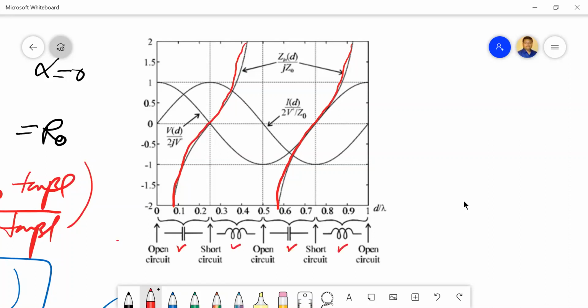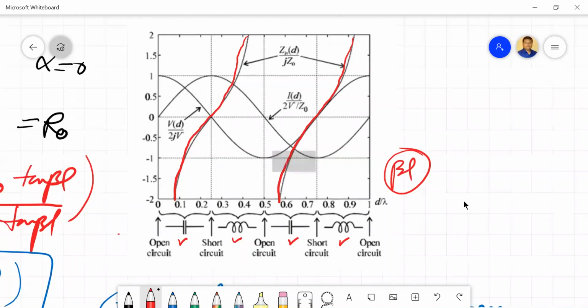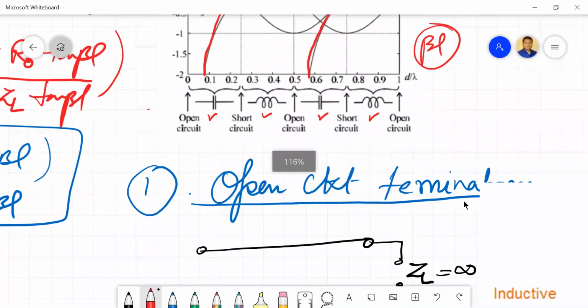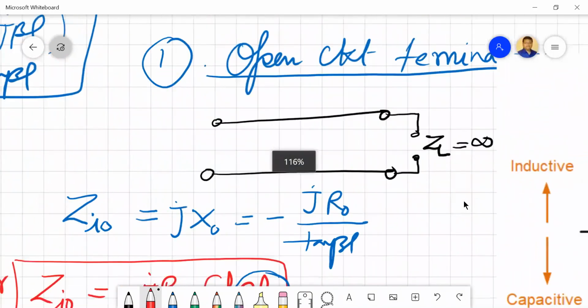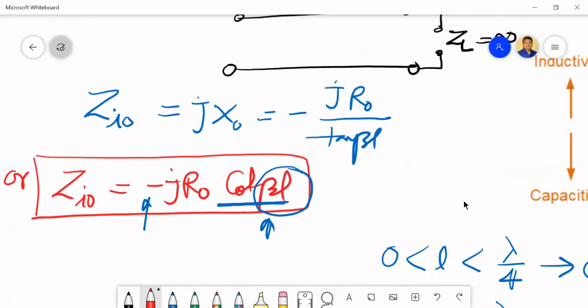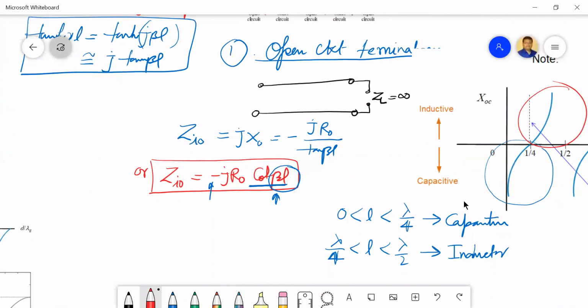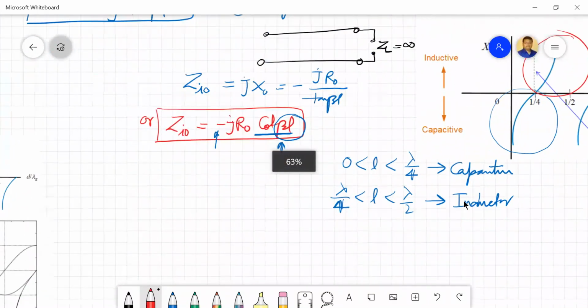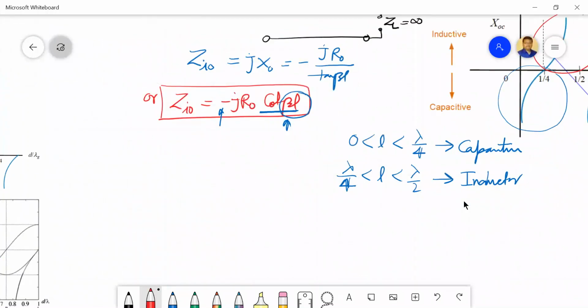So it depends upon the electrical length, beta L. Depending upon the requirement, what kind of element is required, capacitor or inductor, you can choose the different electrical length and manage whether it is a capacitor or inductor.